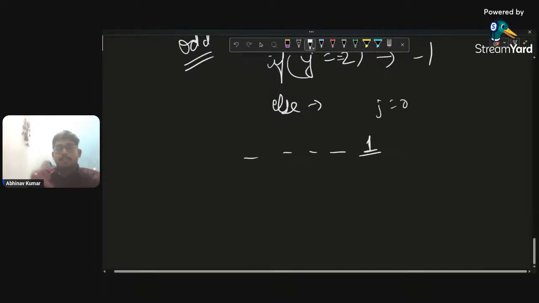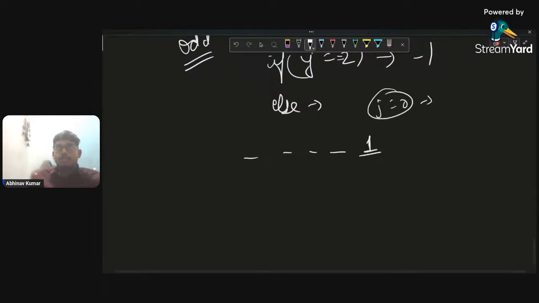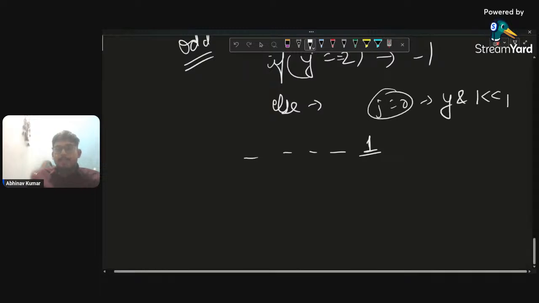If j is 0, then we are trying to extract the 0th bit. That can be checked using, if I have a y whose jth bit I have to check, then y and 1 left shift j. If this thing is greater than 0, then we would say that the bit is set. Else, if this is equal to 0, we would say that the jth bit is unset.